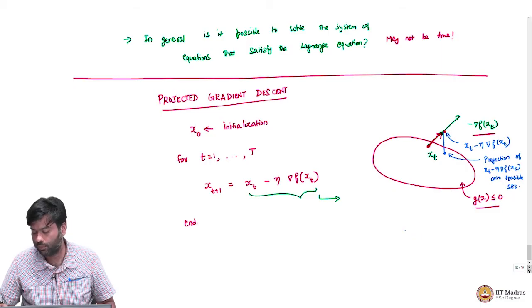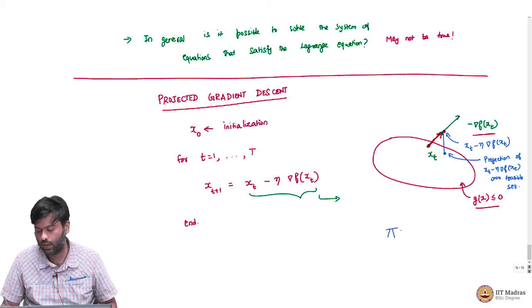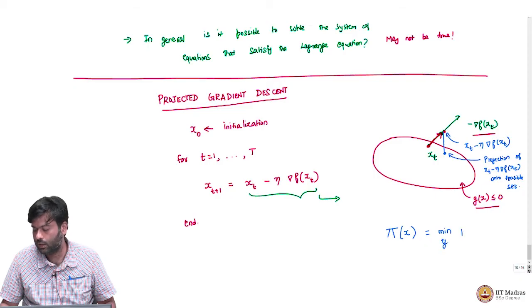So, what is a projection? A projection is a function, let us call that function pi, which takes any vector x and finds the y such that the length squared is as small as possible. But it can't be any y. The y should belong to some set S. What is the set S?